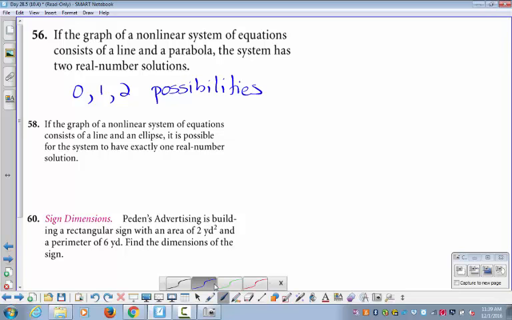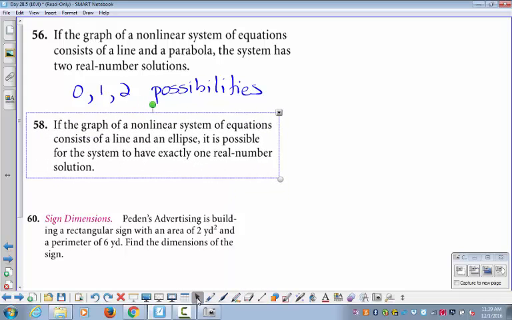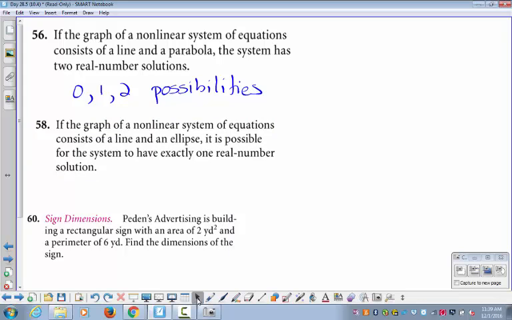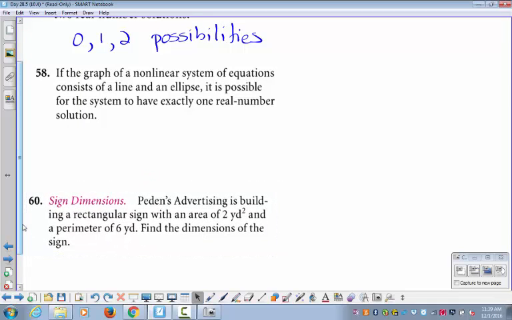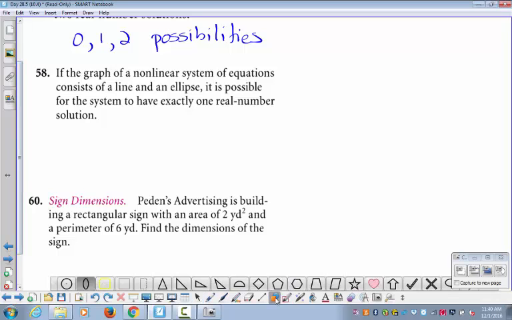Okay, how about the second one? This says the graph of a nonlinear system consists of a line and an ellipse. Is it possible for the system to have exactly 1 solution? True. So we imagine a tangent line or something, and we've got our ellipse that could be touching any single point. So definitely a possibility.